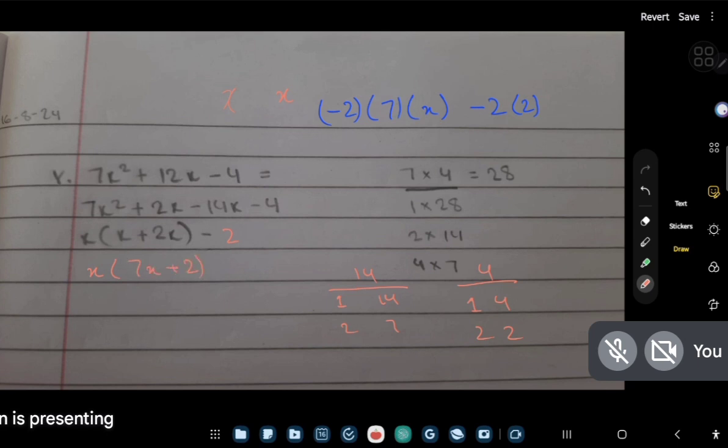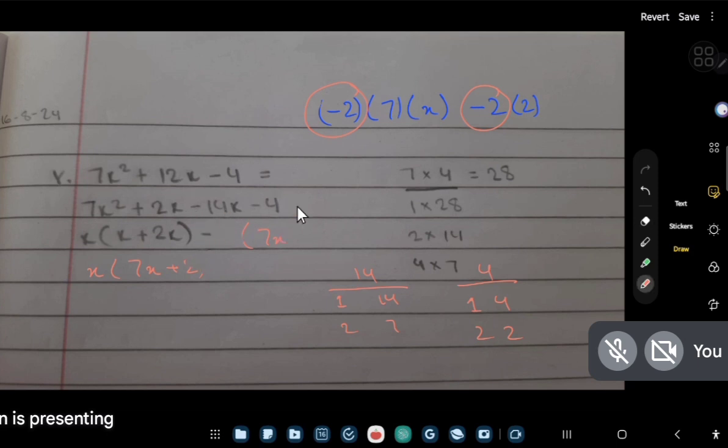Right? Is that okay? Make sense? Yeah. And the second thing, when you take minus 2 common, you're left with 7x again, which will be positive now because the negative you've taken common from both.